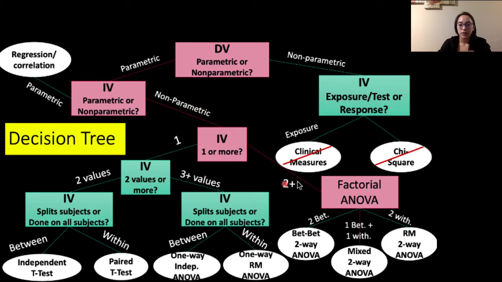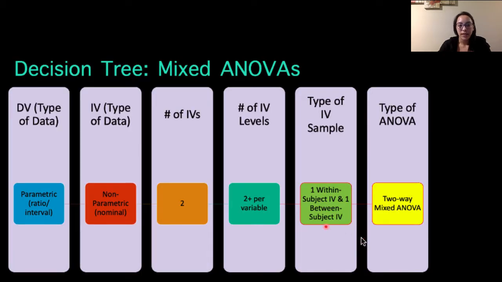Specifically, we have 2 independent variables, and for our two-way mixed ANOVA, mixed is indicating that one of our samples is a between subject sample and the other one is a within subject sample.